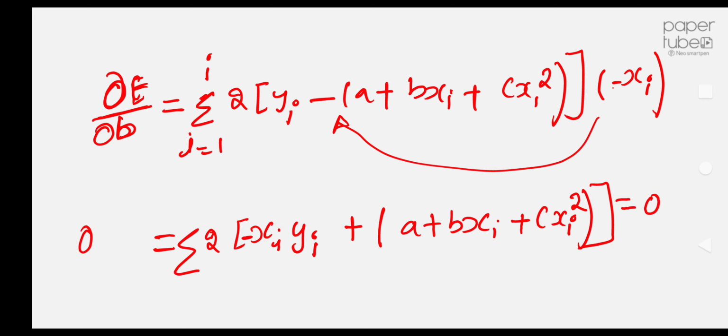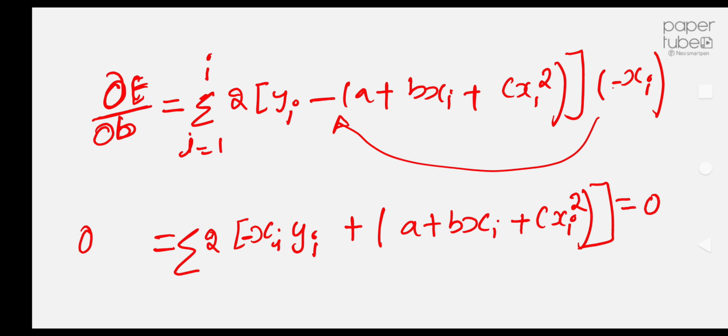So 2 y1 minus a plus b x1 plus c x1 square, now differentiating with respect to c, it should be minus x1 square, because you have a minus sign here. Plus 2 into y2 minus a plus b x2 plus c x2 whole square multiplied by minus x2 whole square, plus we can write for the fifth term 2 y5 minus a plus b x5 plus c x5 whole raised to the power 2 multiplied by minus x5 whole square.